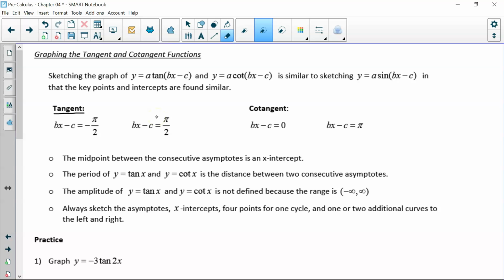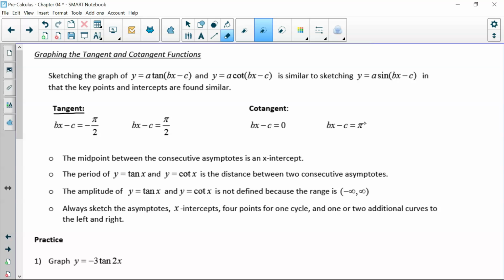And that's going to give you where your asymptotes are. Once you find your asymptotes, you need your x-intercept, and that's the midpoint. It's what's in between. And then for cotangent, set bx minus c equal to 0 and equal to pi, and do the same thing.